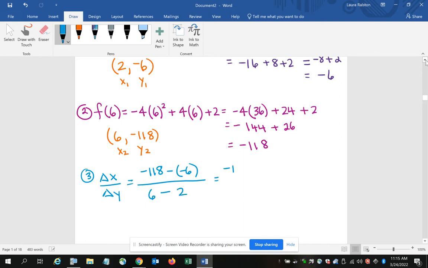So I have negative 118 plus 6 over 4. Negative 118 plus 6 is negative 112, divided by 4. Negative 112 divided by 4 simplifies to negative 28. So the average rate of change between 2 and 6 for that given function is negative 28.